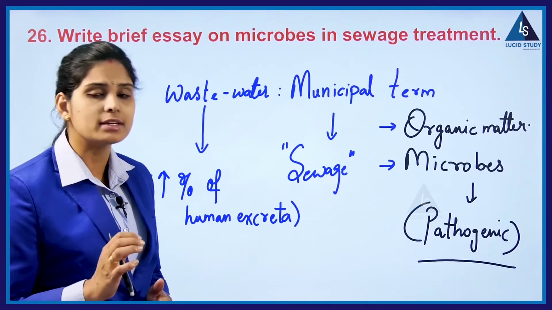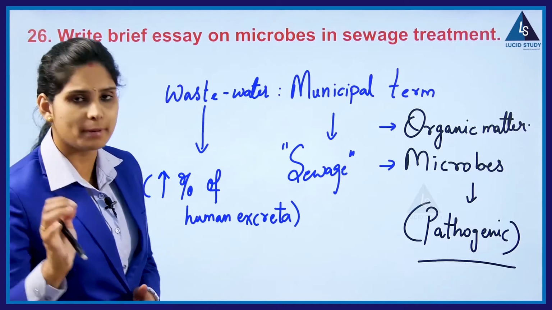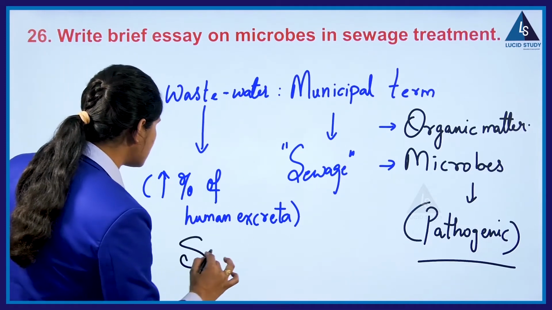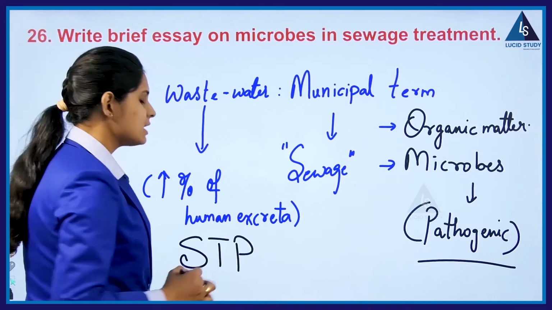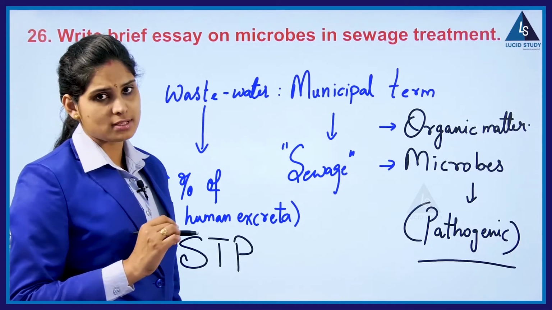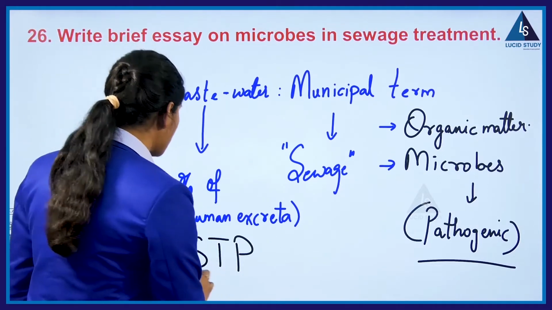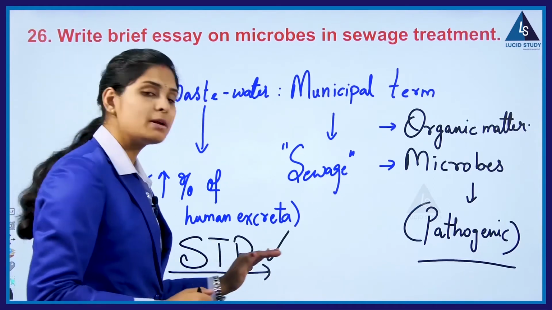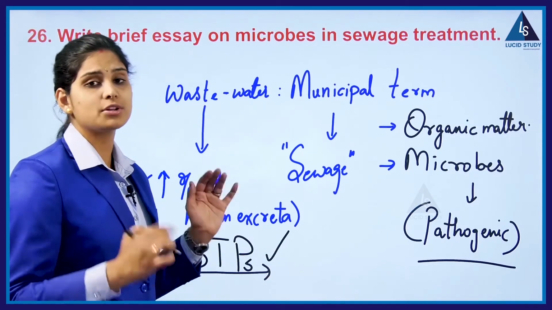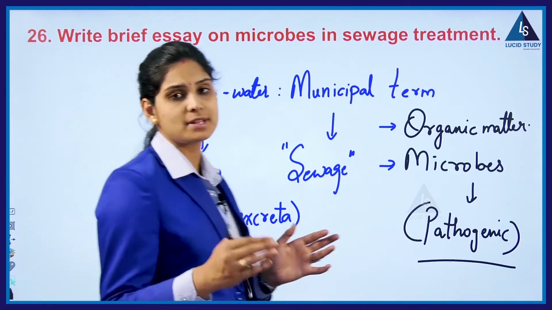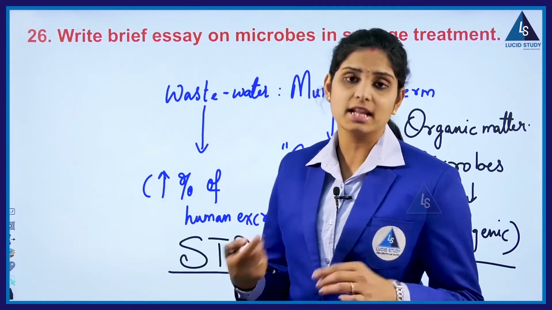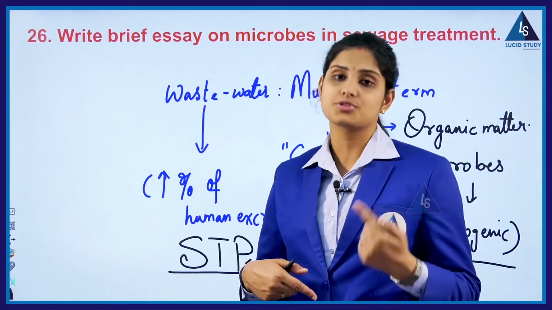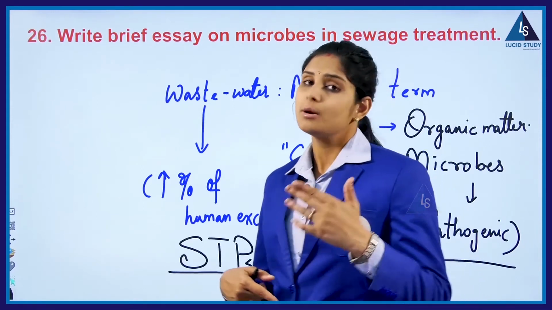And where do we treat it? In the sewage treatment plants, that is STP. Sewage treatment plants are where the heterotrophic bacteria present in the sewage itself are naturally used to treat it and make it less polluting.